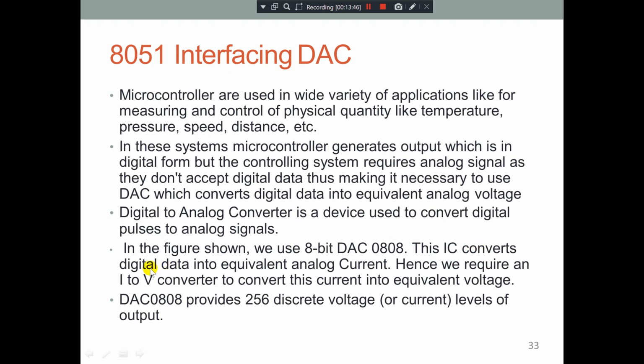This IC converts digital data into an equivalent analog current, hence we require a current to voltage converter to convert this current into an equivalent voltage. So the DAC 0808 provides 256 discrete voltage or current levels at the output. That means whatever digital data you feed, it converts into analog form.